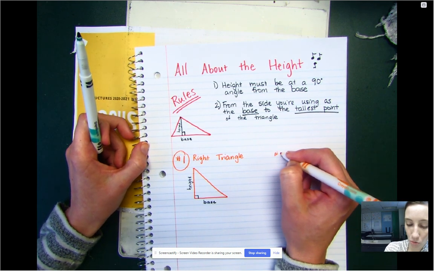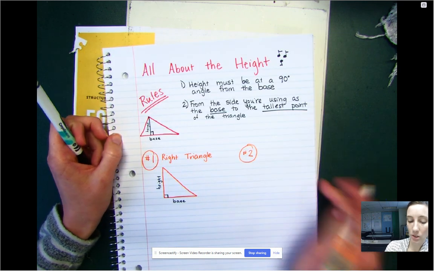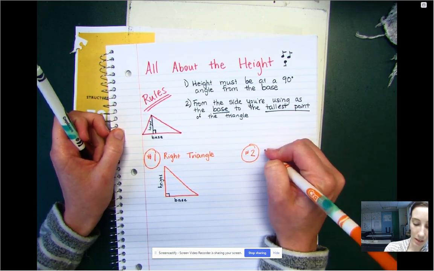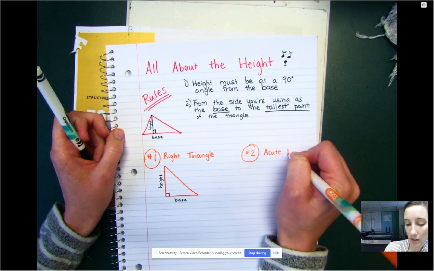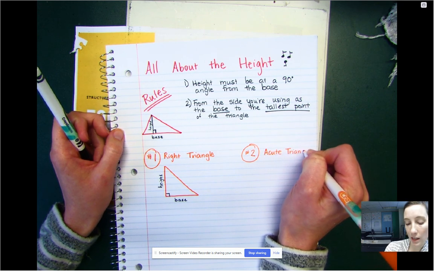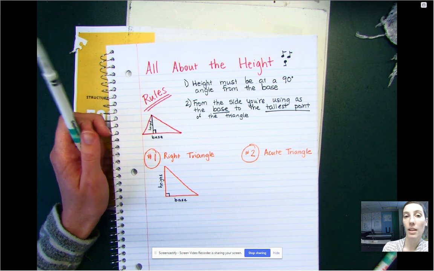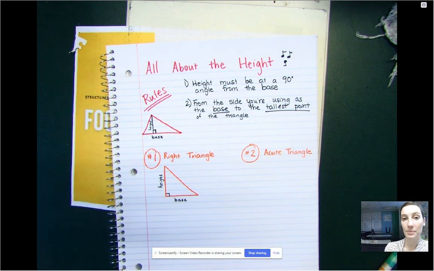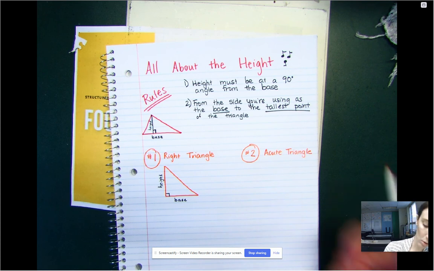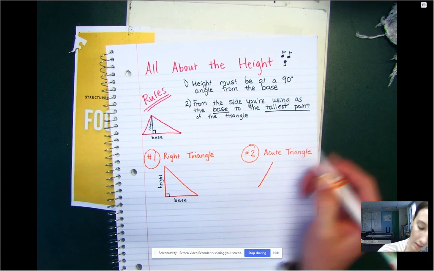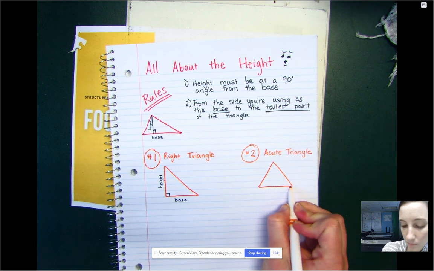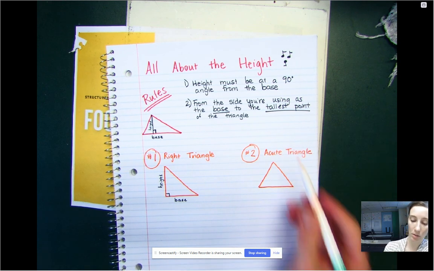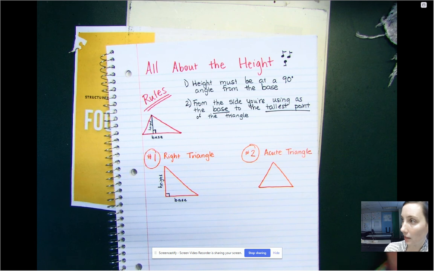Option 2 is we get an acute triangle. Remember that in an acute triangle, all the angles are less than 90 degrees. So an acute triangle might look something like this. Doesn't have to be an equilateral triangle, but it probably looks something like that.